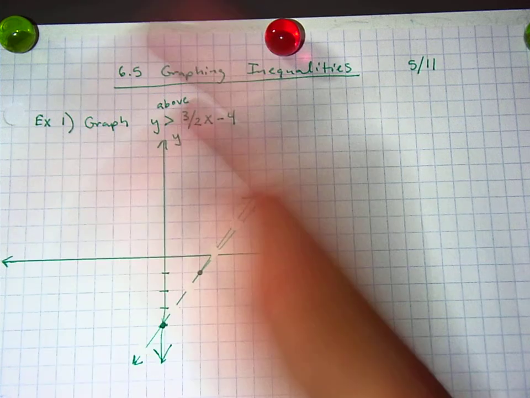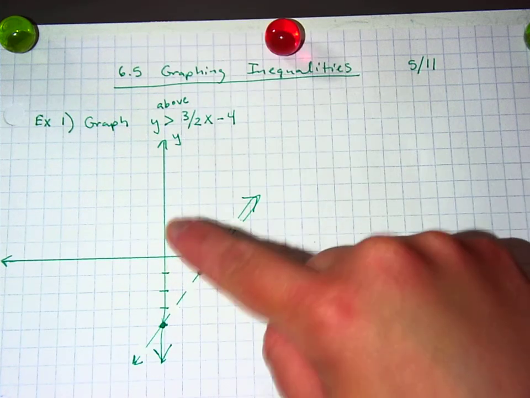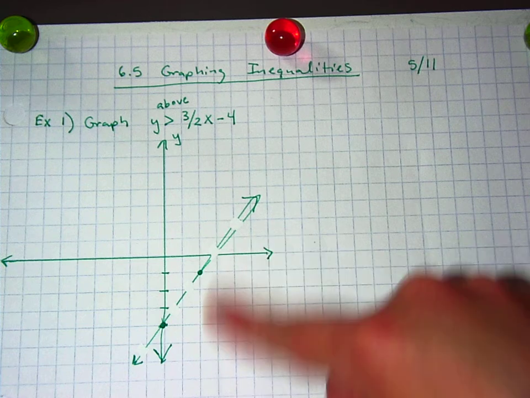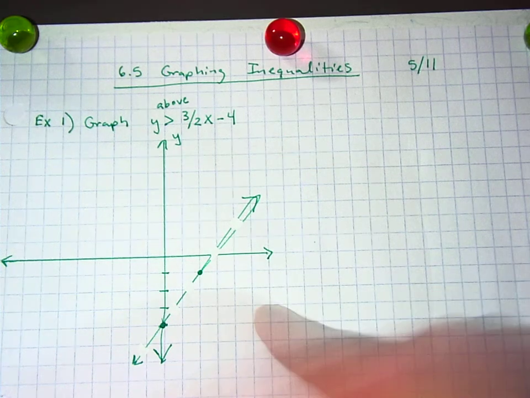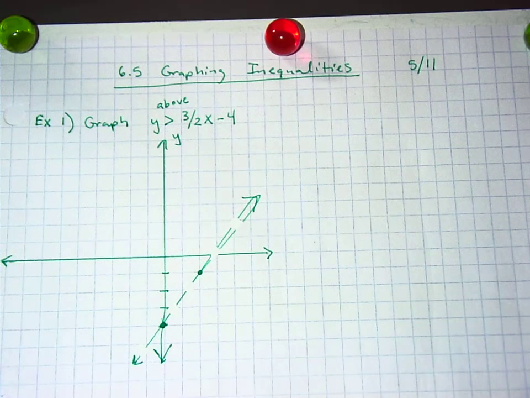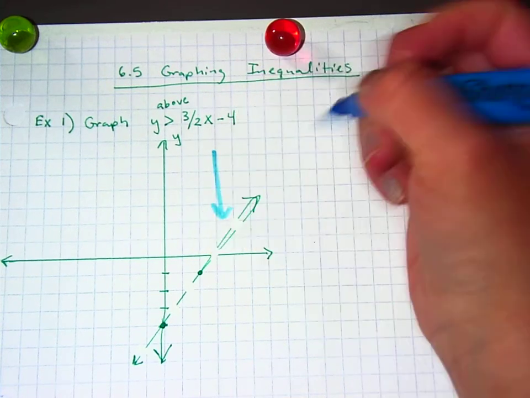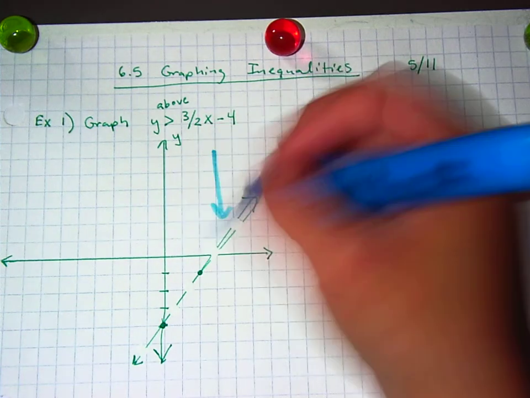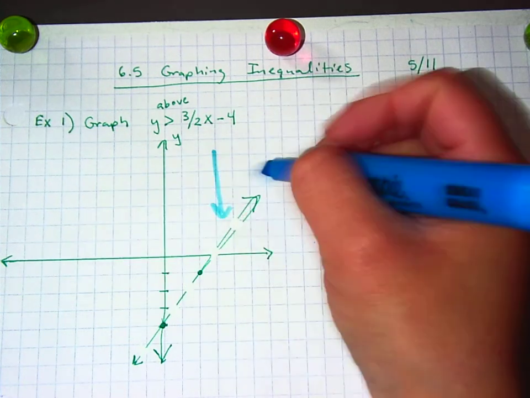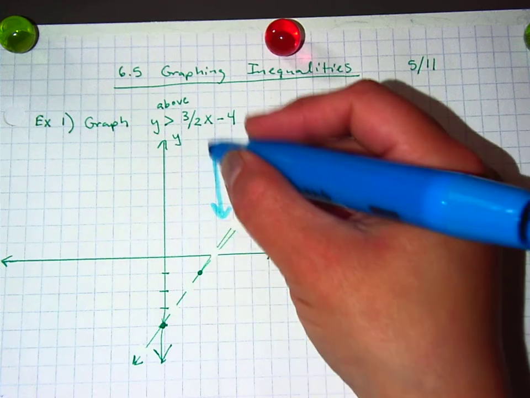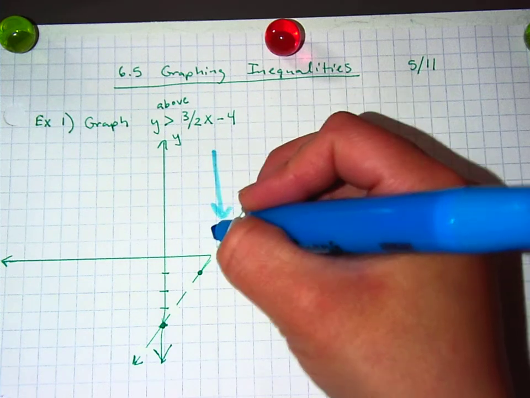So where is above this line? Well, our choices are here on the left or over here on the right. And so I like to do something called the water idea. Imagine that you were dripping water down onto this line from over here on the left. No matter where you draw it over here on the left, because this line goes forever, it would fall down with gravity and then it would hit the line.